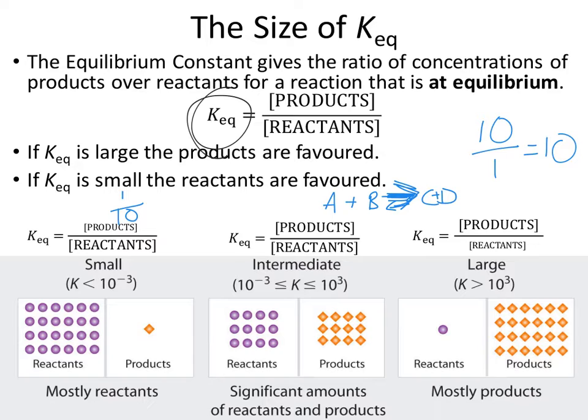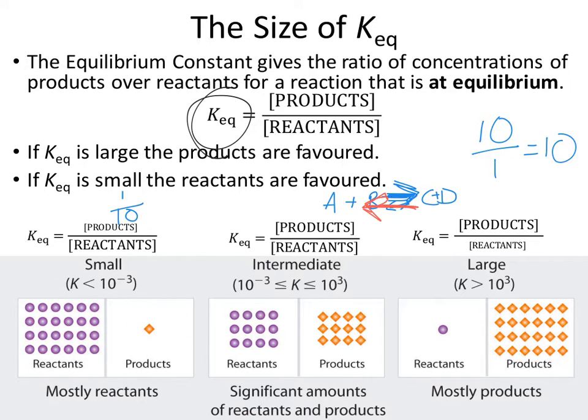What that means is that, going back to this reaction between A plus B giving us C plus D, the A plus B reacted and gave us C plus D, but then C and D reacted to give us A and B. And this would eventually go back and forth, but at equilibrium, where this would lie, it would lie more in the direction of the reactants. More reactants would be reformed. And so at equilibrium, we would have a larger amount of reactants than we would have of products.